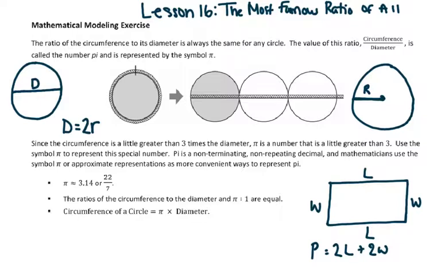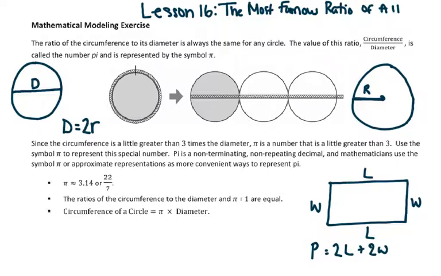So we need to understand what pi is. And so since the circumference is a little greater than 3 times the diameter, meaning all the way around the circle is about 3 times as great as the length across the circle, pi is a number that is a little bit greater than 3.